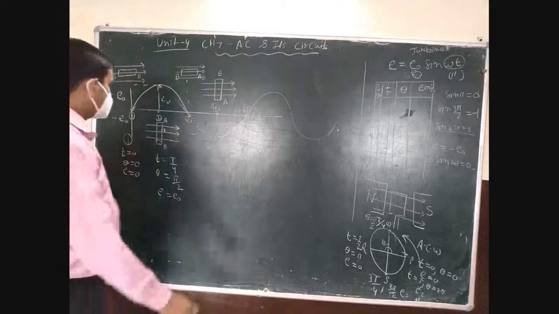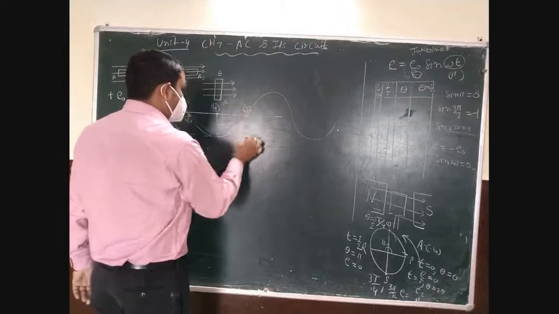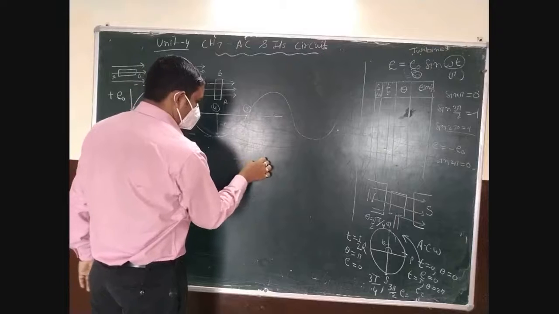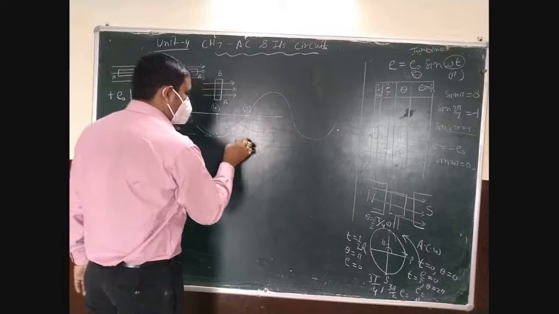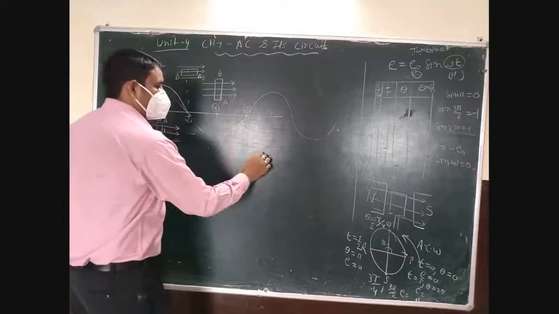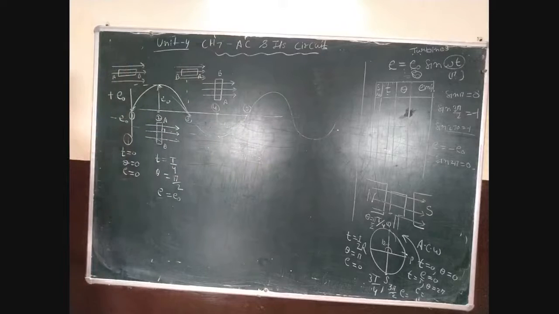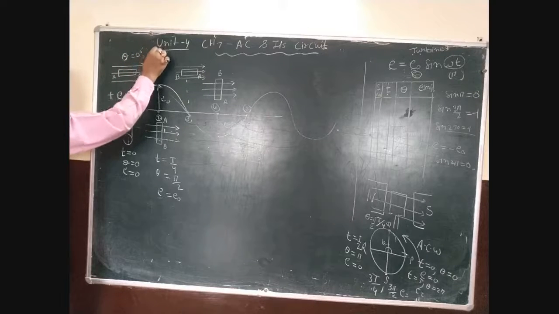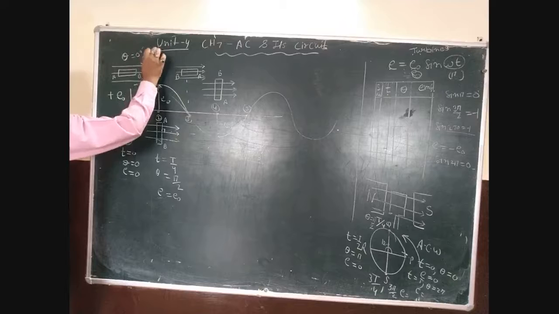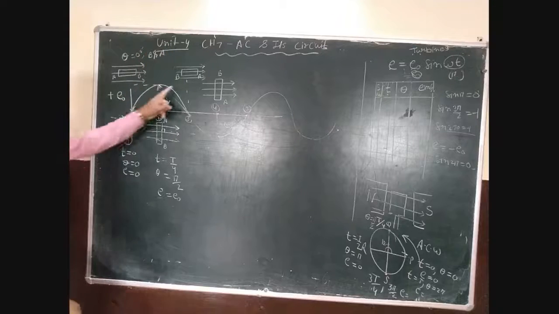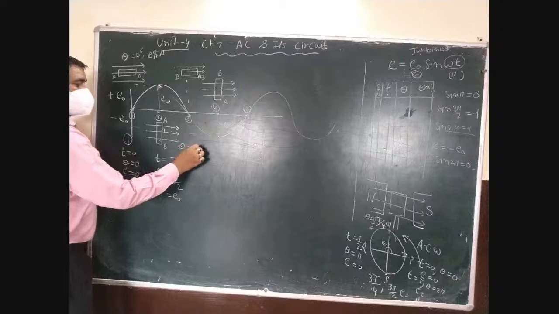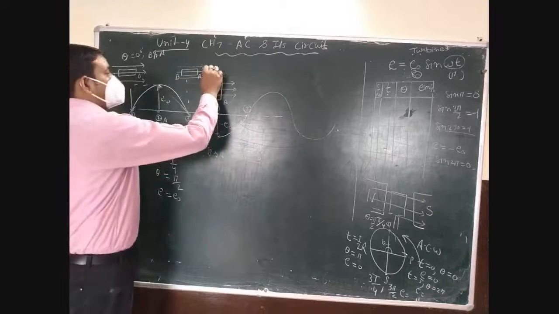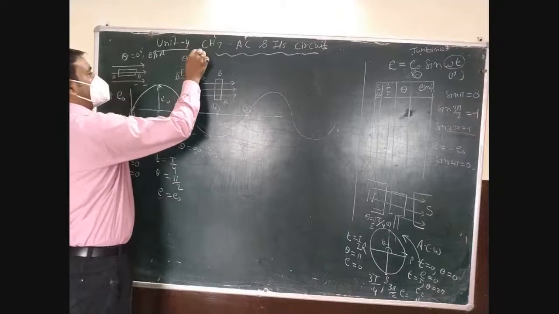And at this point, B rotates, and here it will again come to its original position. Okay, here theta is 0 degree between B and A. Here theta is 90 degree between B and A. Here theta is 180 degree.